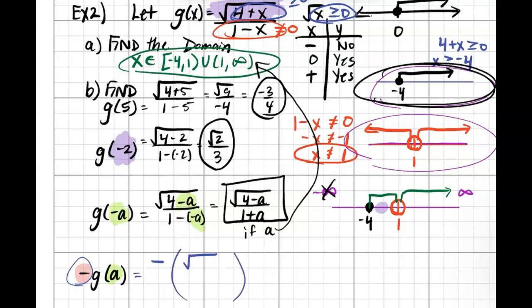So I plug in the a, positive a, over 1 minus positive a. So here the negative is on the outside, and I see positive a is on the inside. So that would give me just negative radical 4 plus a over 1 minus a. And again, this would only work if a is in the domain.